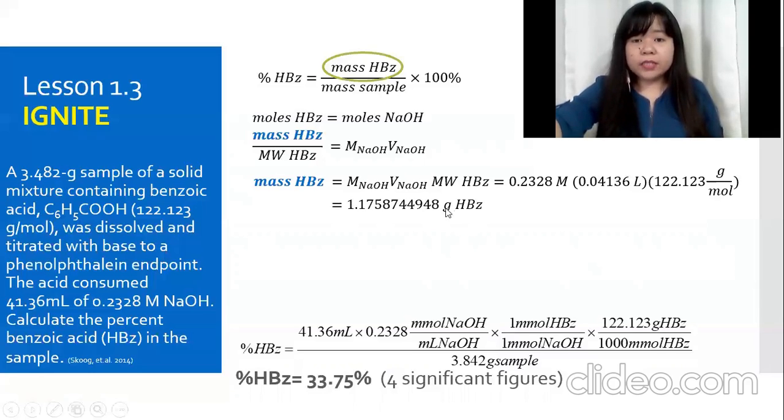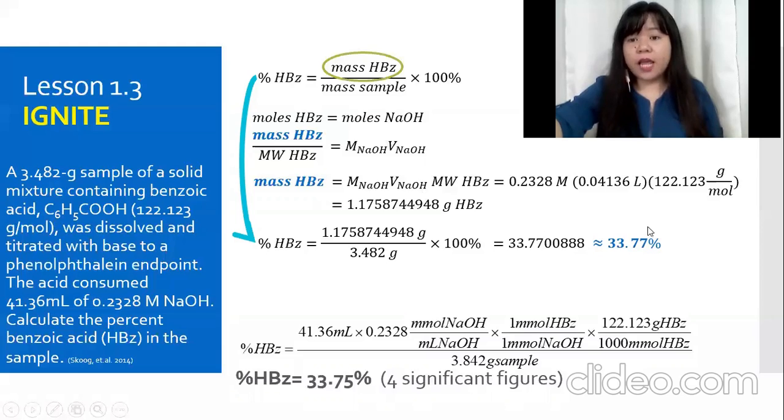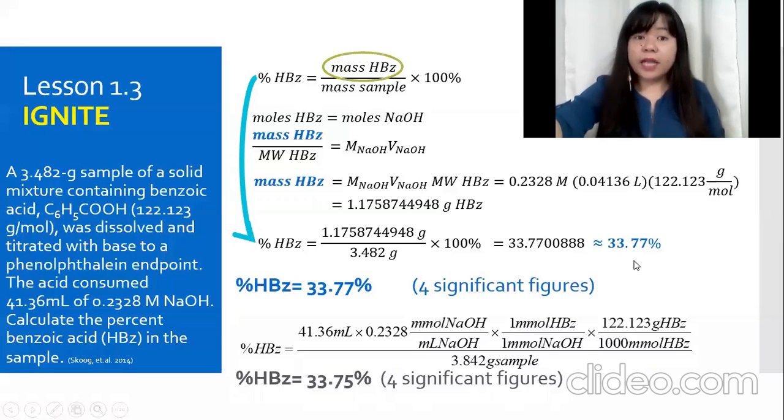Then we get this intermediate result, which we can substitute into the percentage formula to get the percent benzoic acid. And then, because we will need to round off to 4 significant figures, we drop all the extra digits and report 33.77%. So that is the final answer for this problem, reported in 4 significant figures.